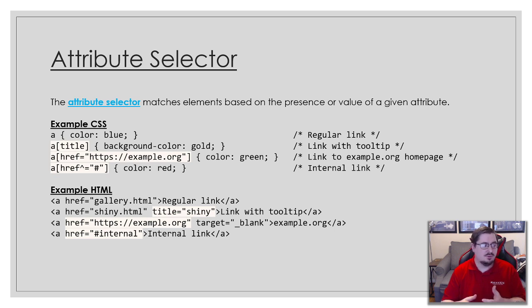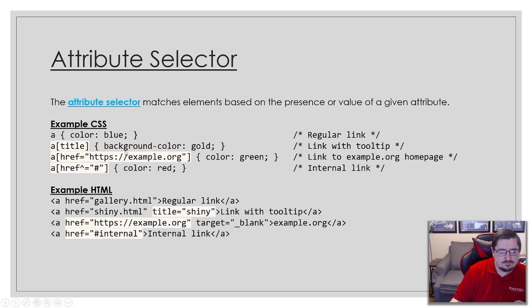You can also use attribute selectors to select elements in your page, which is a relatively newer feature of CSS. So in this case, for instance, let's make all regular links color blue. Here we've got a regular type selector.